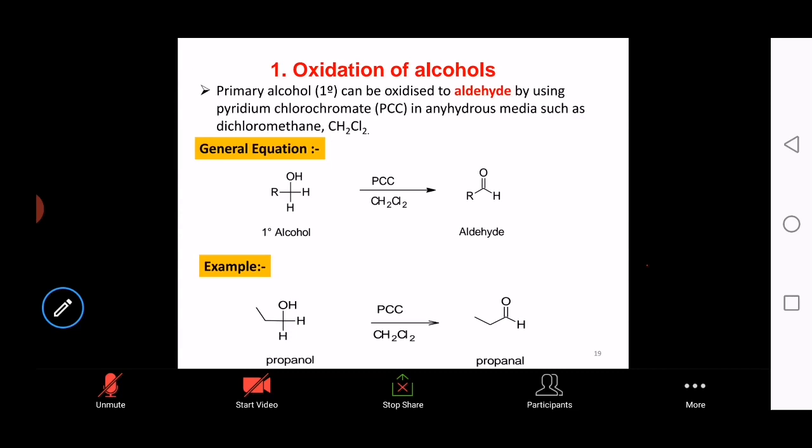You can see the general equation: alcohol reacts with PCC in the presence of CH2Cl2 to produce aldehyde. For example, propanol undergoes oxidation with PCC to produce propanal. See the example below.